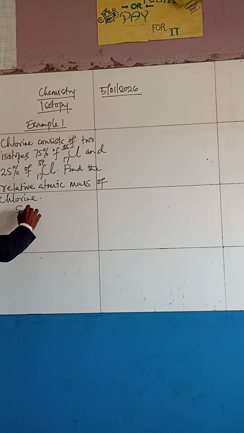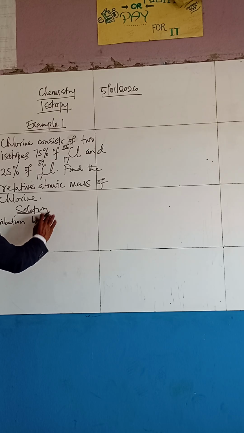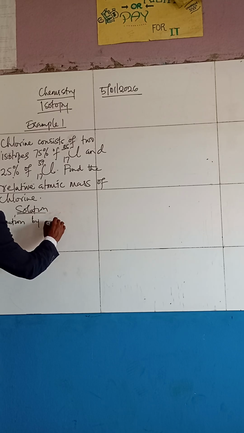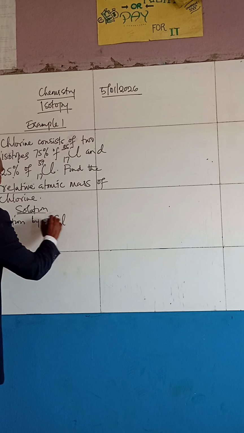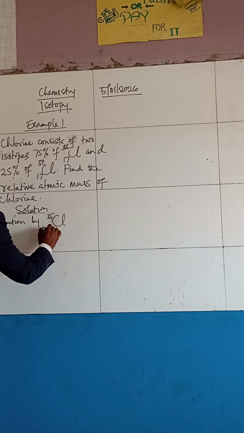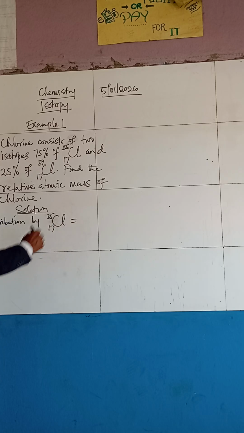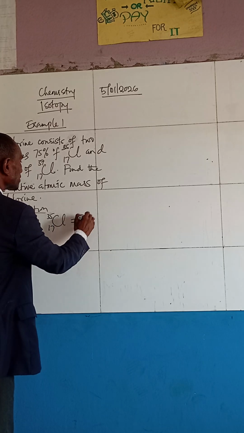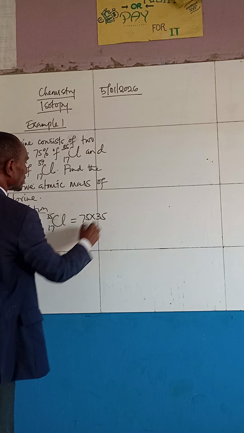Now, we are looking at the solution. First of all, let's look at the contribution made by the first isotope, chlorine of mass number 35. The contribution made by it is equal to 75 times 35.